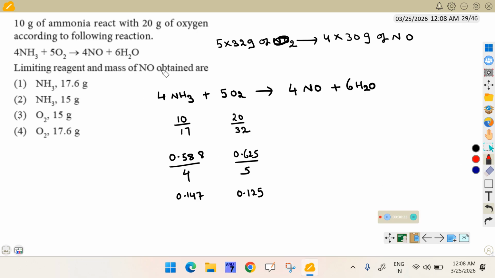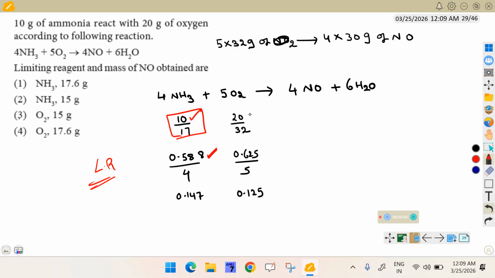10 grams of ammonia reacts with 20 grams of oxygen according to the following reaction. Limiting reagent and mass of NO obtained are? First find out the limiting reagent. Calculate the number of moles. Given weight is 10 grams, and the molecular weight of ammonia is 17. 10 by 17 is 0.588.